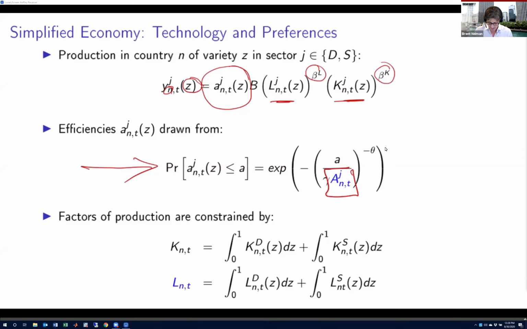Okay. There are some adding up constraints in the model. So here we just see that each country's capital, country N's capital K at time T, is just equal to the sum of that used to produce the investment good and that used to produce the consumer good. Same is true for labor, although note that labor is now in blue.